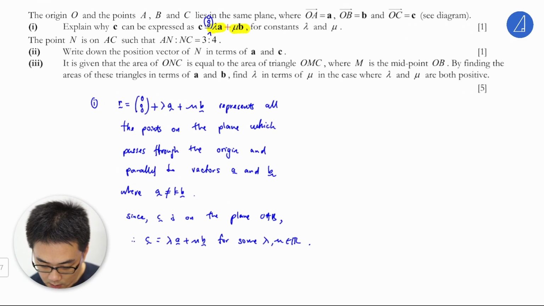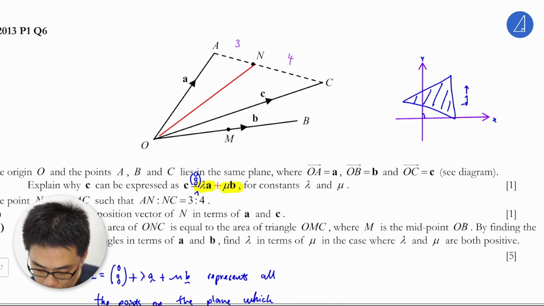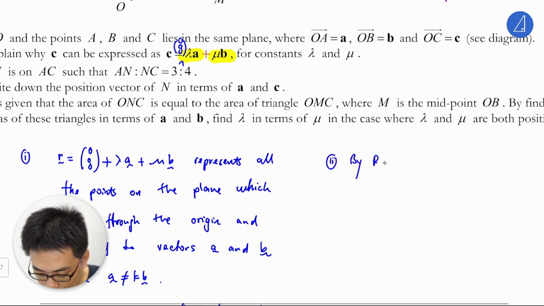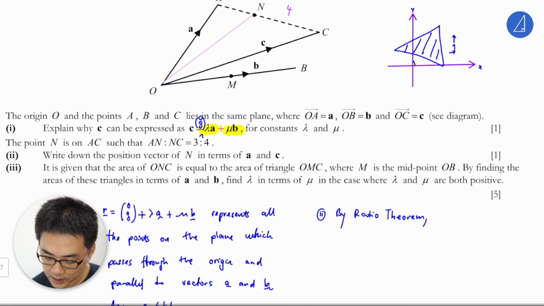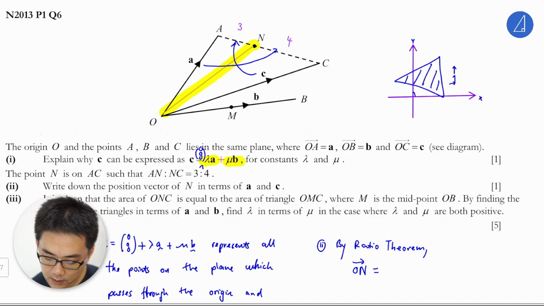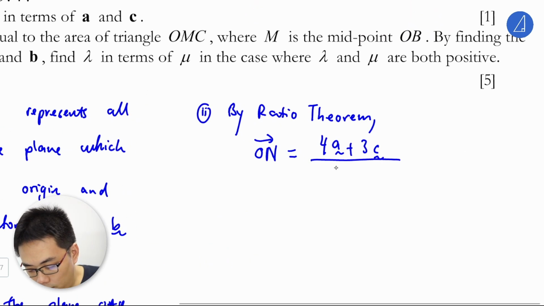Now the point N on AC has AN to NC as 3:4. So by the ratio theorem, the middle one is always the subject: ON is equal to 4 times A plus 3 times C, then add the ratio up.